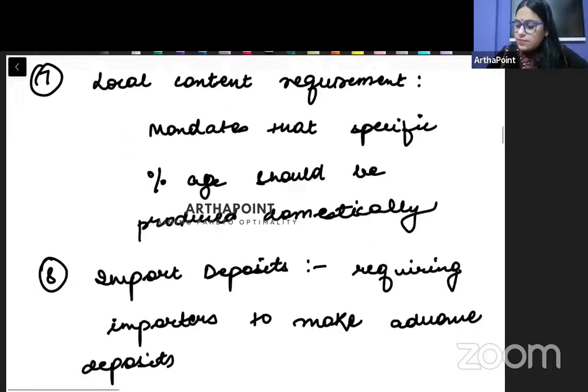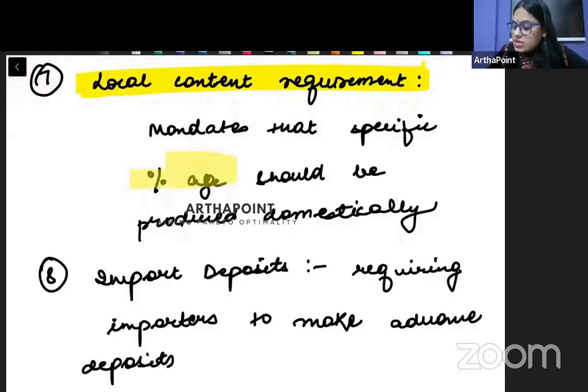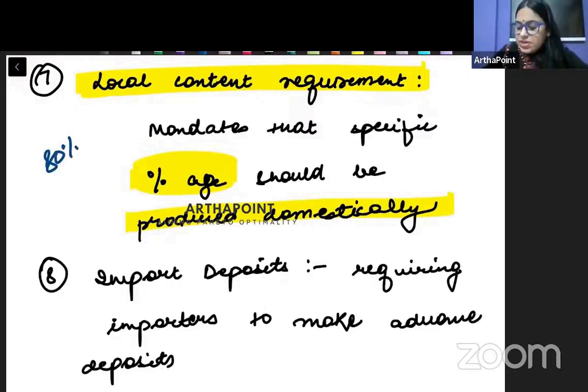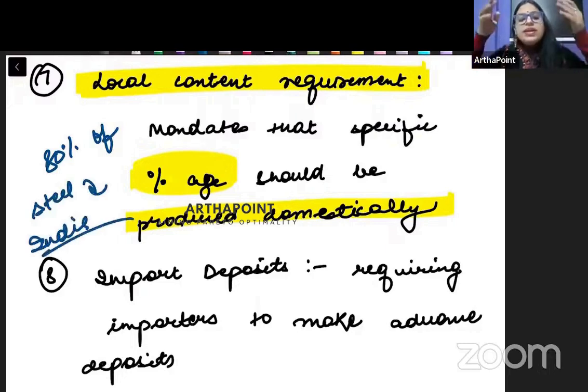Better, come to the next one. Local content requirement. What is local content requirement saying? It is saying that a specific percentage should be produced domestically. For example, if in India we say that we want 80% of the steel to be produced within India, the government has put a law that this much percentage has to be consumed from Indian production.